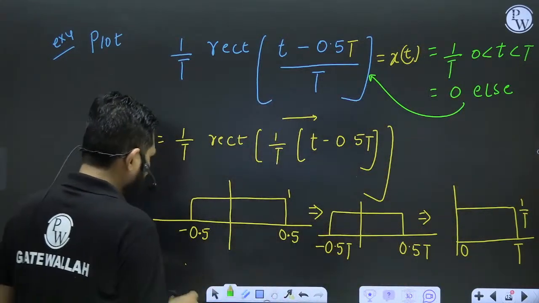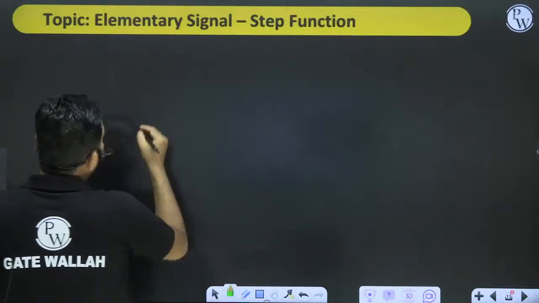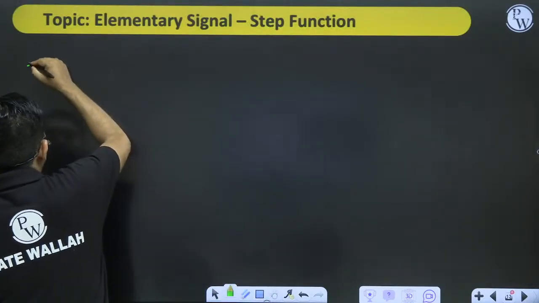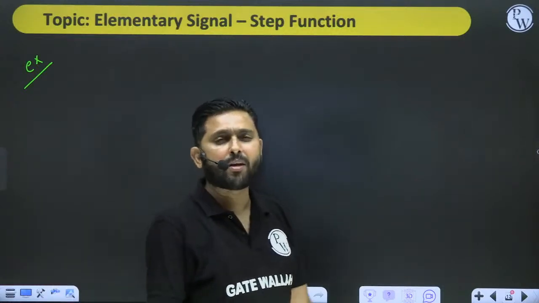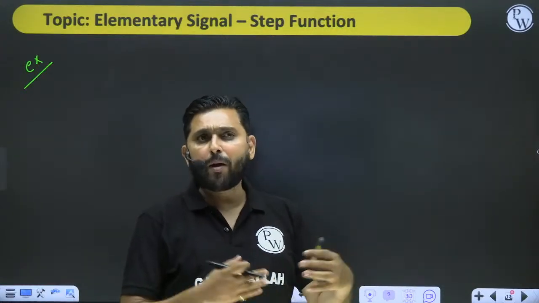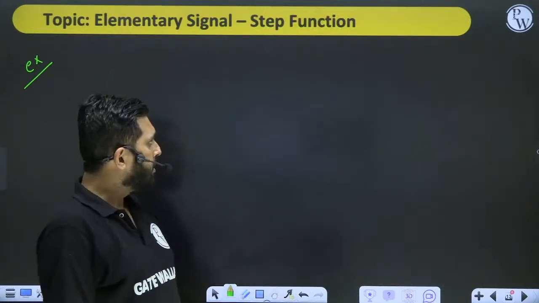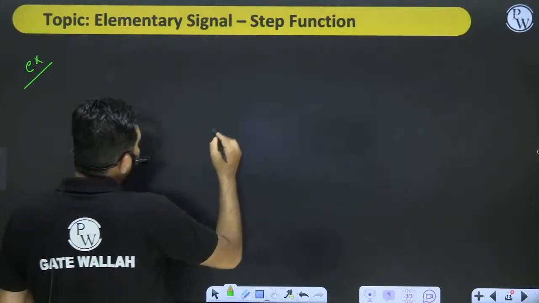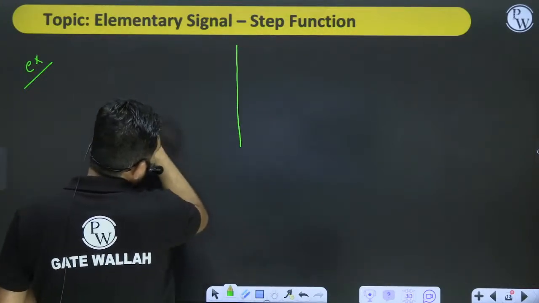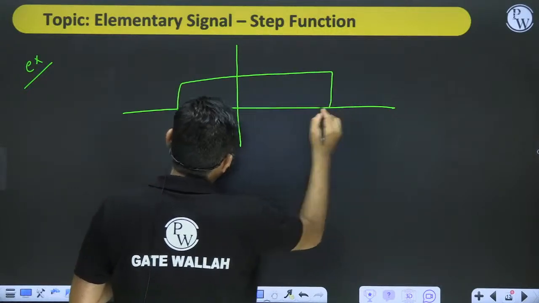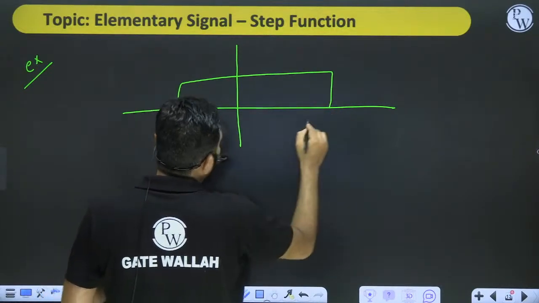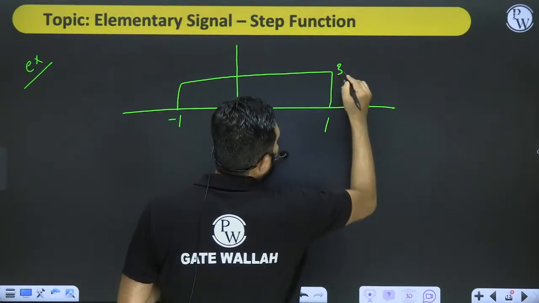Let's take another example. Once we formulate the theory, the only thing is that we have to go by problems and problems and problems. Suppose I have a function which is this one, from minus 1 to 1, and the value is 3.